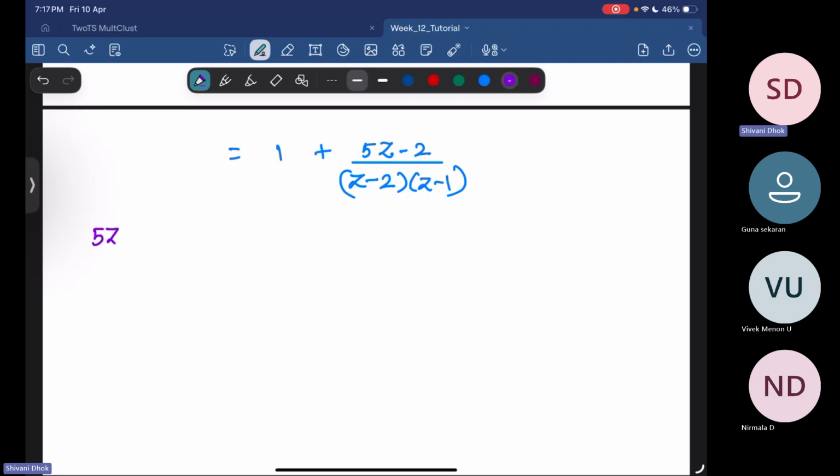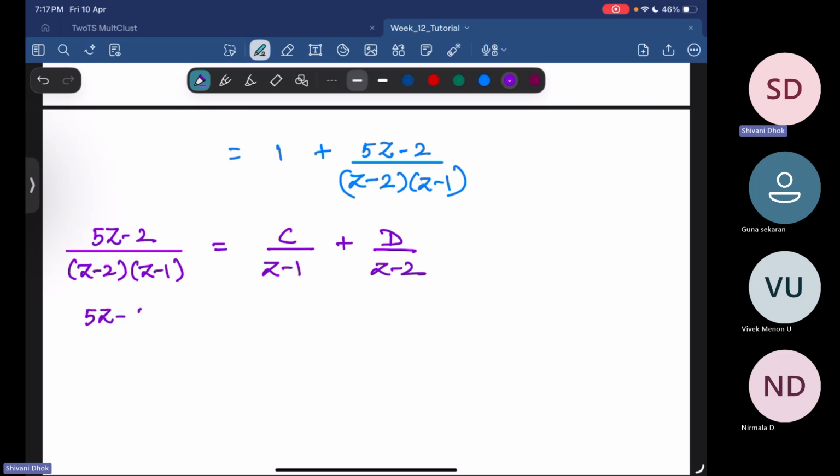So you have 5z minus 2 divided by z minus 2 into z minus 1, which I can write as c upon z minus 1 plus d upon z minus 2. If I cross multiply and cancel out terms, that will give me 5z minus 2, which is equal to c times z minus 2 plus d times z minus 1.